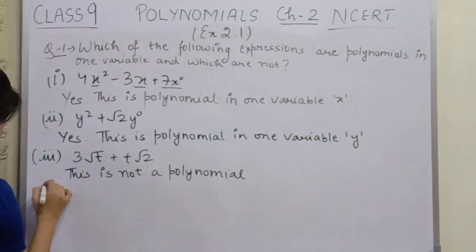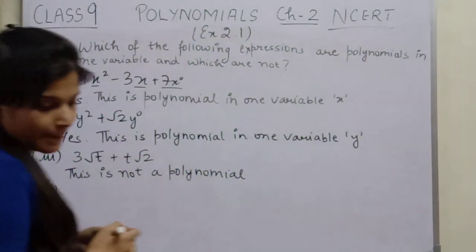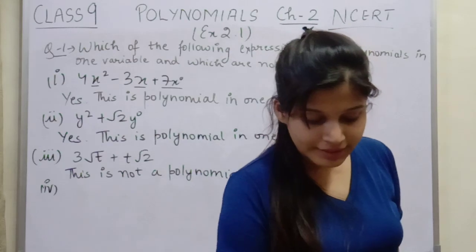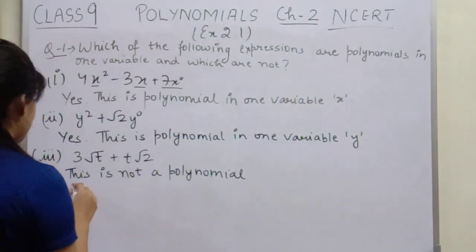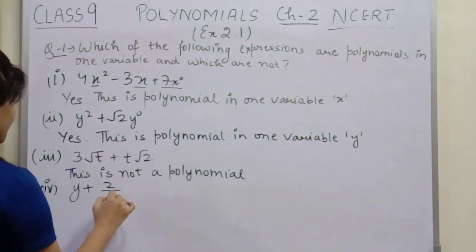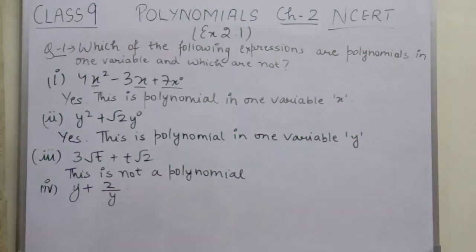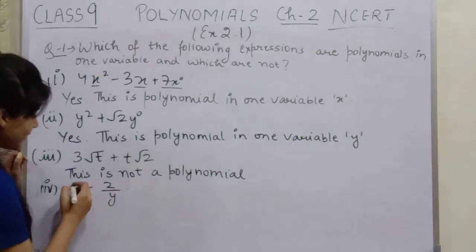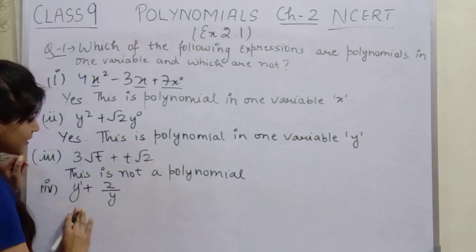Coming to the fourth one. The fourth part is y plus 2 upon y. In this part, this is y raised to the power 1. This is clear.